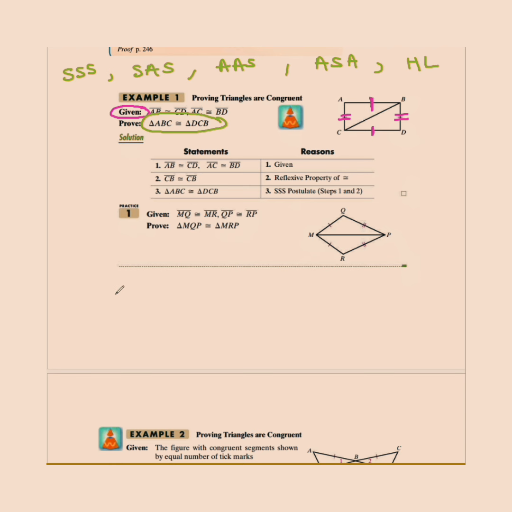So I have been given that two sides are congruent in these two triangles. So first write down the statements. In the statements, please always start with what is given to you.